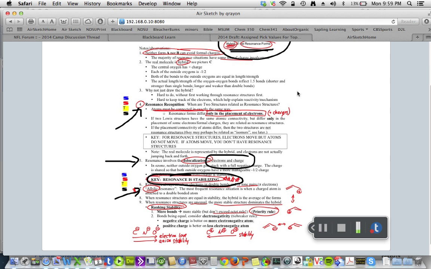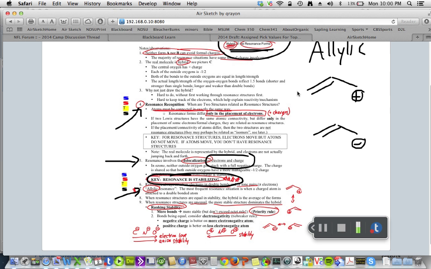You can't really read these because my image is so small, but point number 7 is the word allylic. And not all resonance structures involve the allylic scenario, but the most common that we will see do. And an allylic situation involves 3 atoms, 2 of which are double bonded, but the third will have either a plus charge or usually a minus charge.